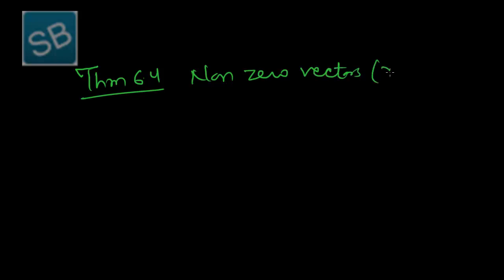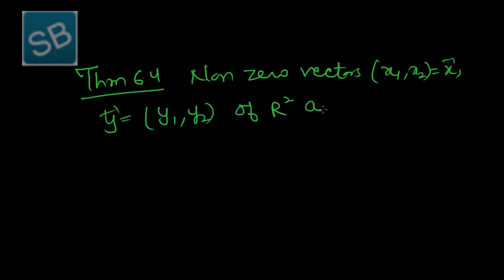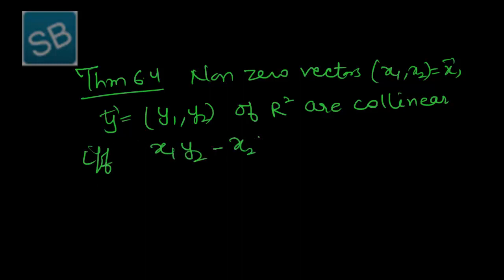Now next is theorem 6.4. Non-zero vectors x equal to (x1, x2) and y equal to (y1, y2) of R square are collinear if and only if x1 y2 minus x2 y1 is equal to 0.